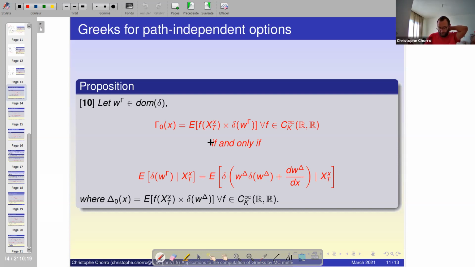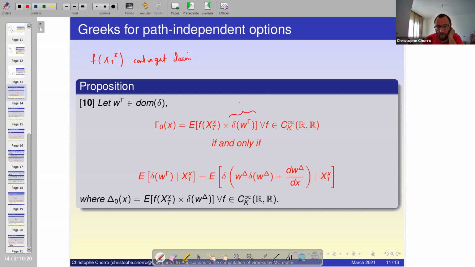Okay, so I said the following. If for the gamma I want to obtain the gamma in the form of the expectation under Q of the payoff multiplied by a weight, so I am always in this situation, I have this contingent claim once again.